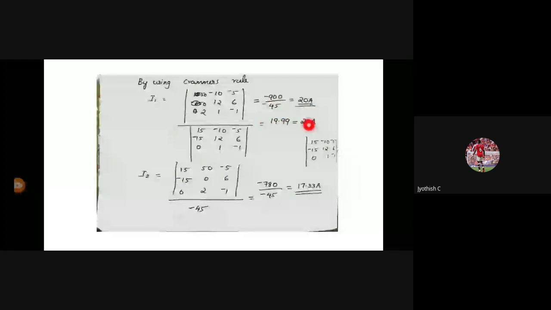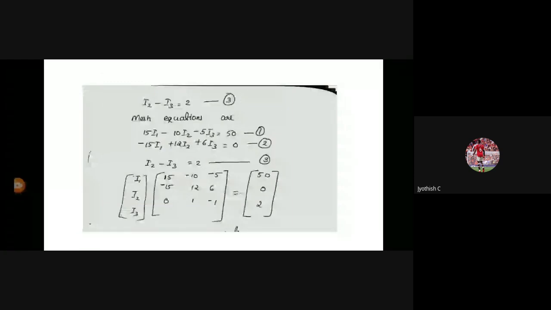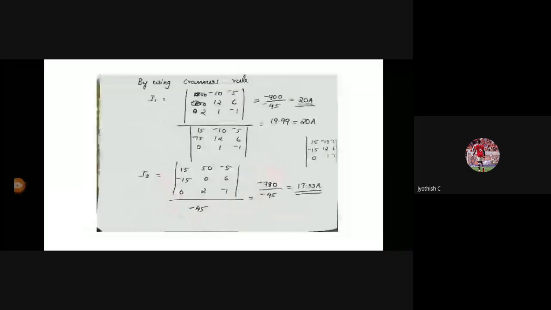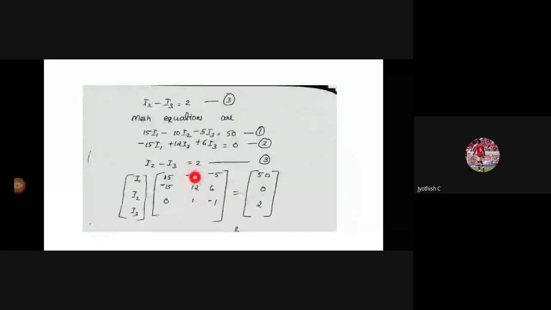Next I3. There is no need to find I2, but for understanding Cramer's rule, I am writing this equation. How can you find I2? You replace the middle column with 50, 0, 2. My first column will be 15, minus 15, 0. The second column, which you are replacing, will be 50, 0, 2.